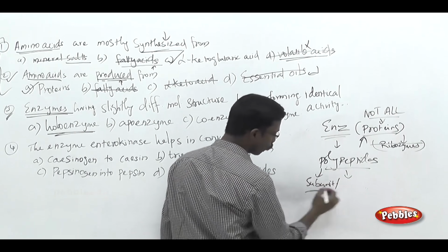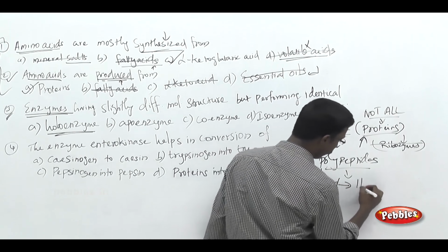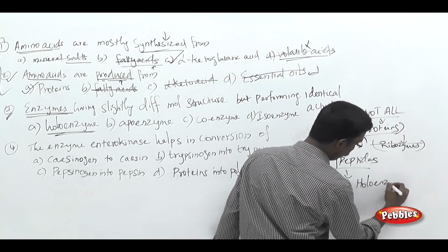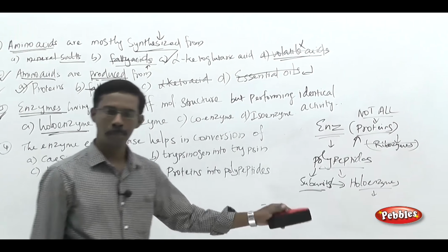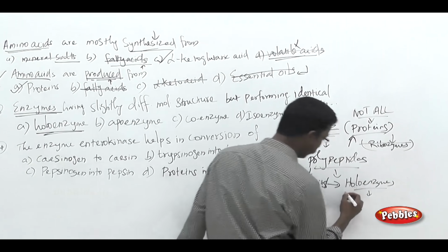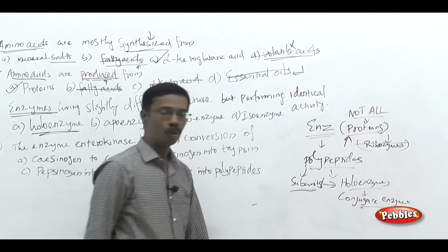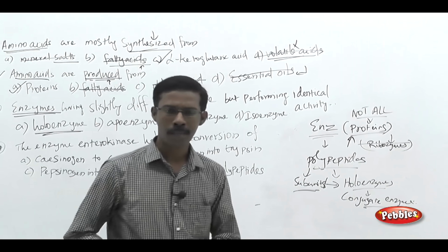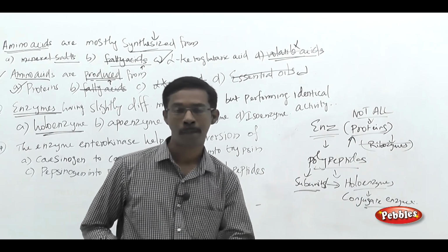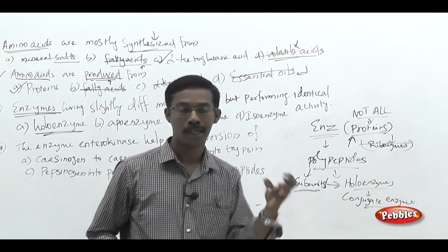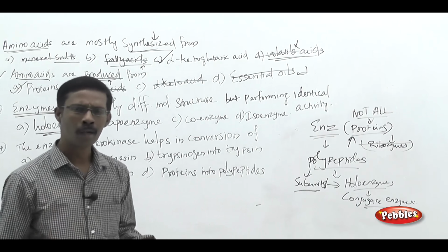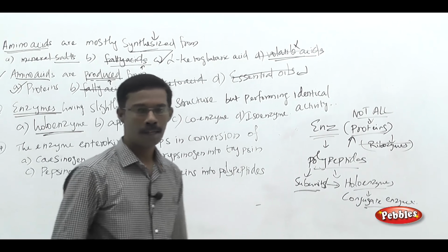Okay, so there are so many subunits that make up the particular enzyme structure called holoenzyme. Another term for the holoenzyme is conjugate enzyme. In other words, for a particular enzyme, that enzyme will require some other group or some other molecule to be attached to it, and then only it will act as a functional enzyme.